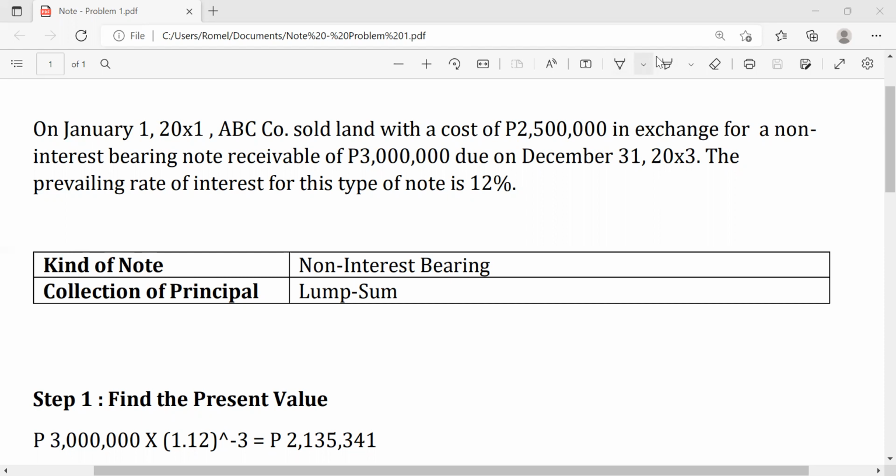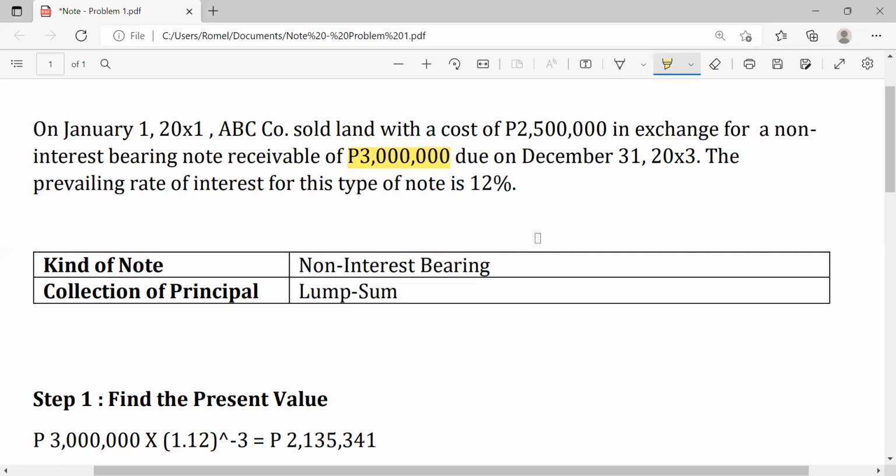Ibig sabihin, since this is a non-interest bearing note, ang interest kasama na sa 3 million pesos. Okay? Pag non-interest bearing note, the interest is implied. In this problem, ang interest kasama na sa 3 million pesos. So this is a non-interest bearing note.